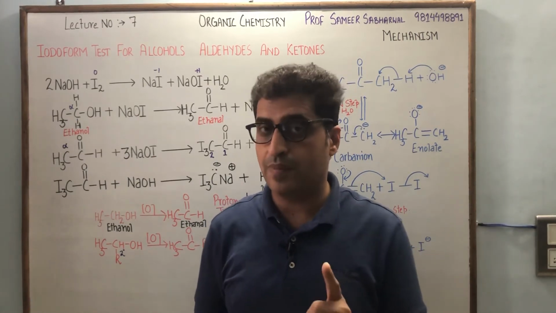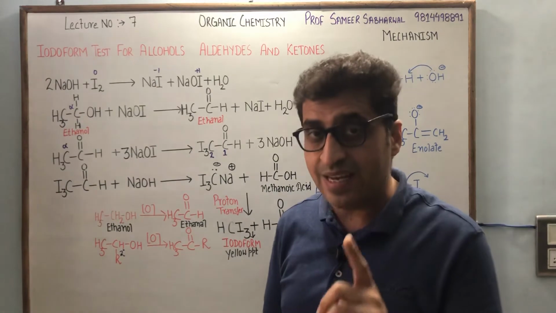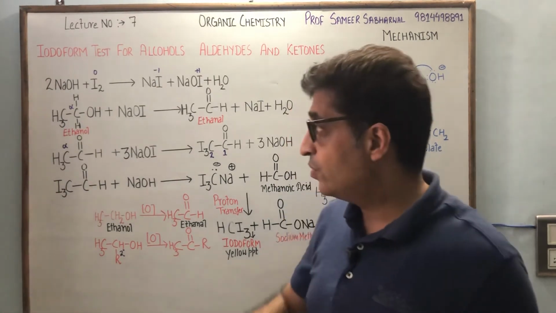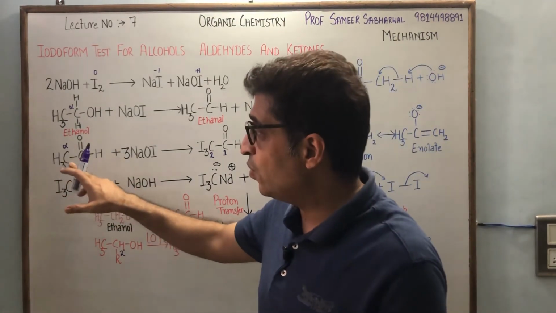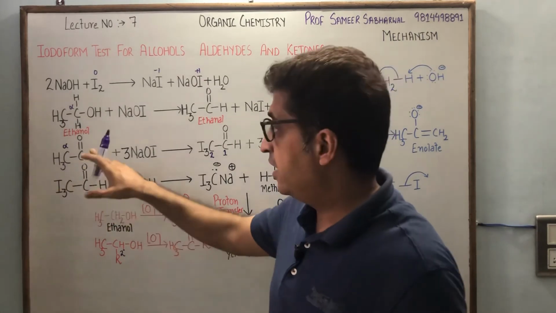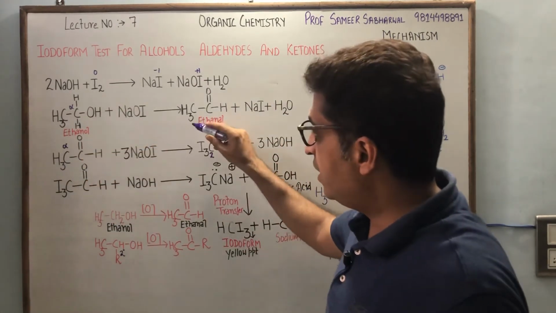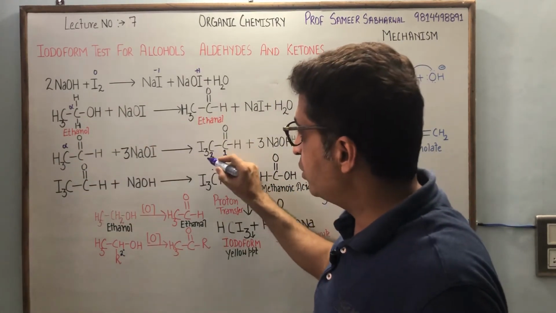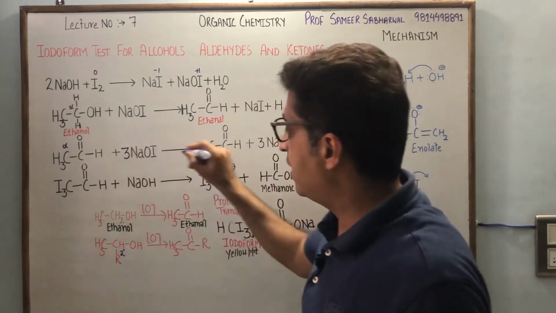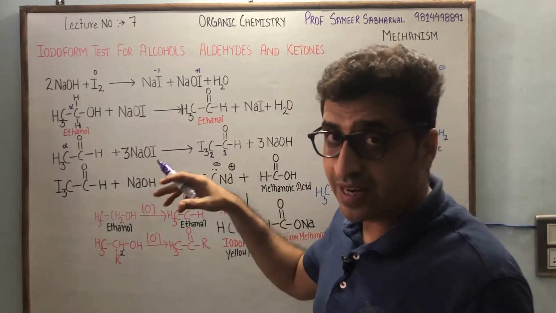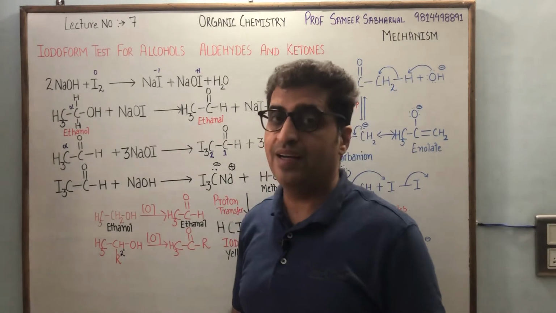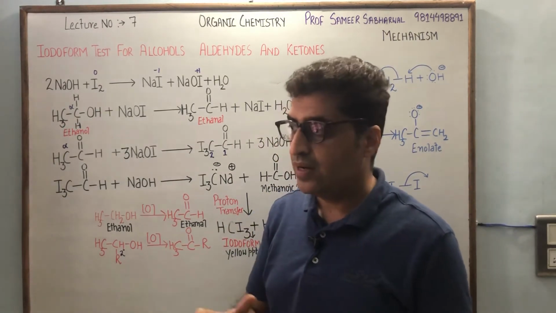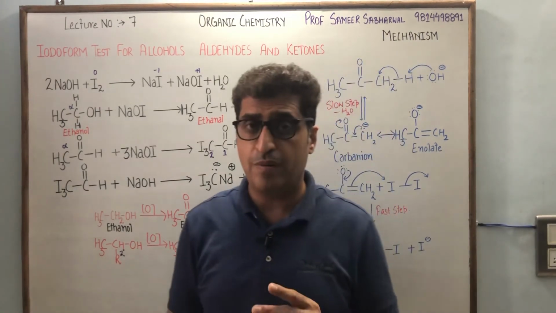So remember this part. With acidic medium, we do only monohalogenation. Here we observe trihalogenation, meaning 3 hydrogens are replaced by iodine. But in acid catalyzed, only 1 hydrogen is replaced by iodine.